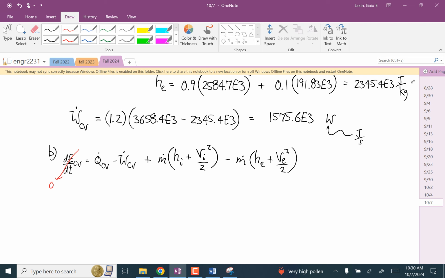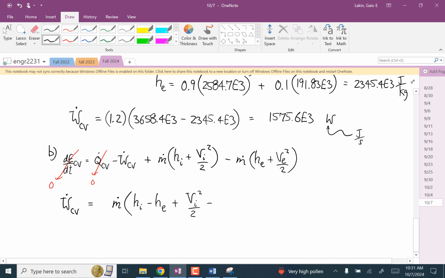We're still, for part B, assuming that there's no heat transfer. And so we can rearrange this as W dot in the control volume is equal to m dot times the quantity hi minus he plus vi squared over 2 minus ve squared over 2.